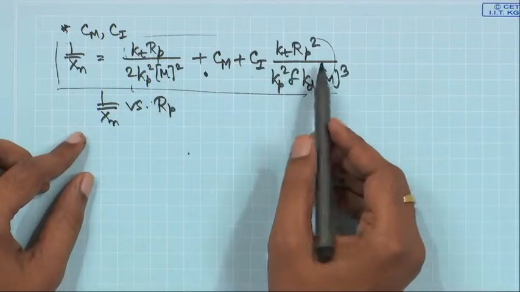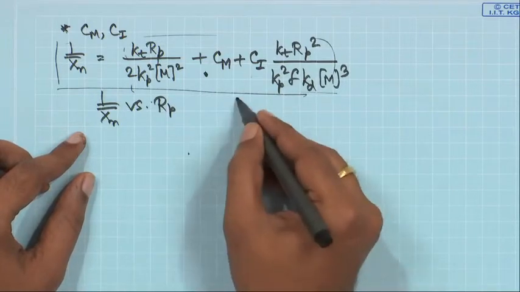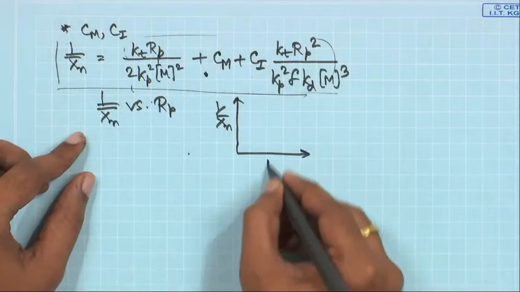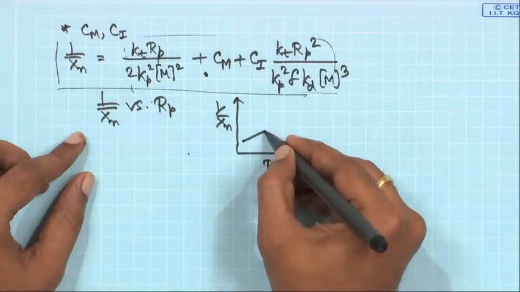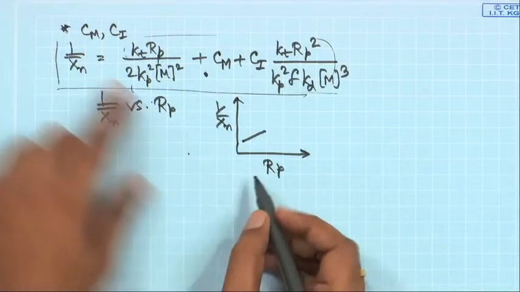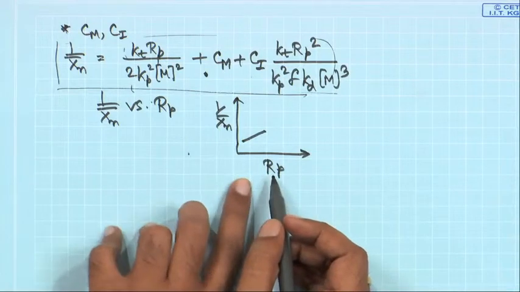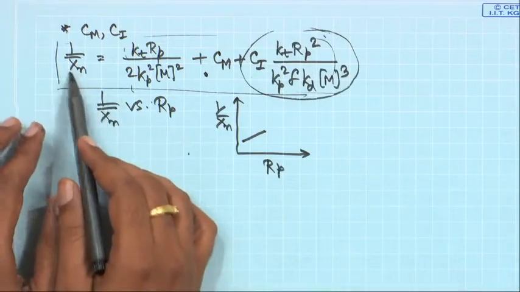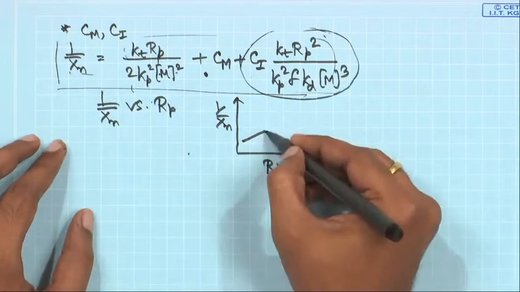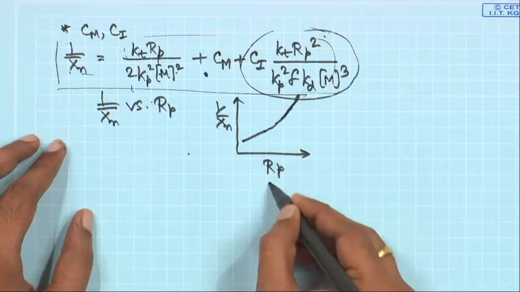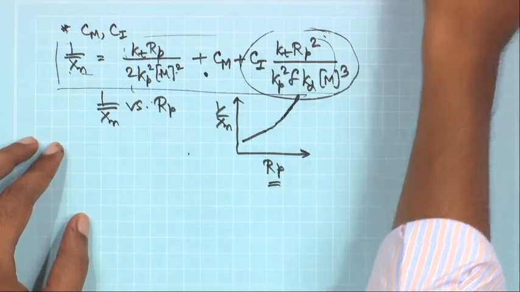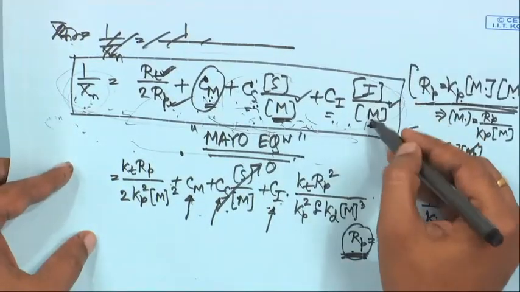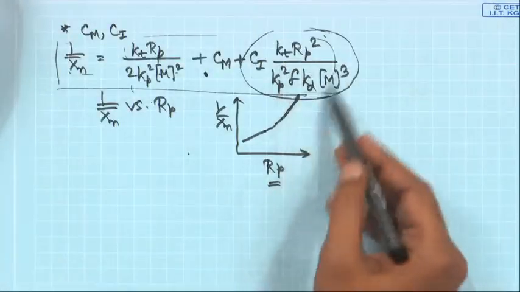In the initial stages of the plot, where the Rp is low, you will get a linear plot, because if the Rp is low, then the contribution of this term becomes low. So, it will be linear in Rp, and later on it will deviate from linearity as Rp becomes higher. Now, if you compare, this expression is nothing but concentration of I divided by m; you have replaced the I with all these expressions and you have got this.